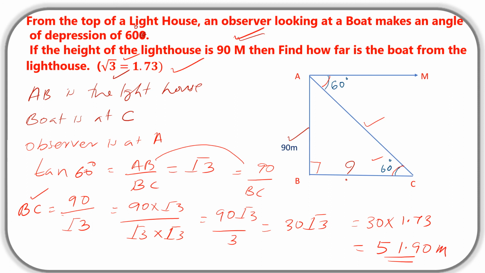So the boat is at a distance of, what we say, 90 meters from the lighthouse. What helped us to solve this is the property of angle bisector of a triangle.